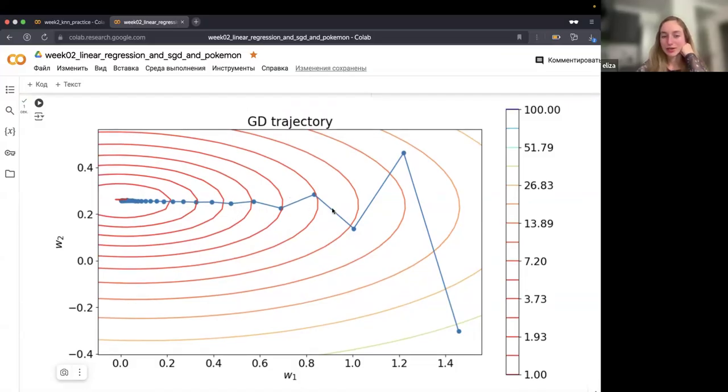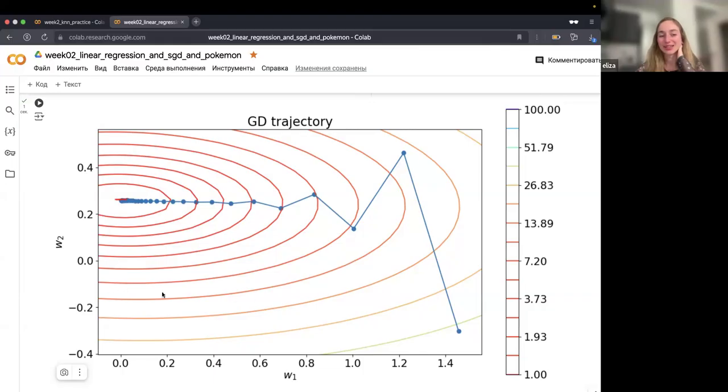Tell me, please, why is the behavior of this line very broken? Why is it not smooth? When we consider the gradient vector, it is a vector which is orthogonal to equipotential lines.